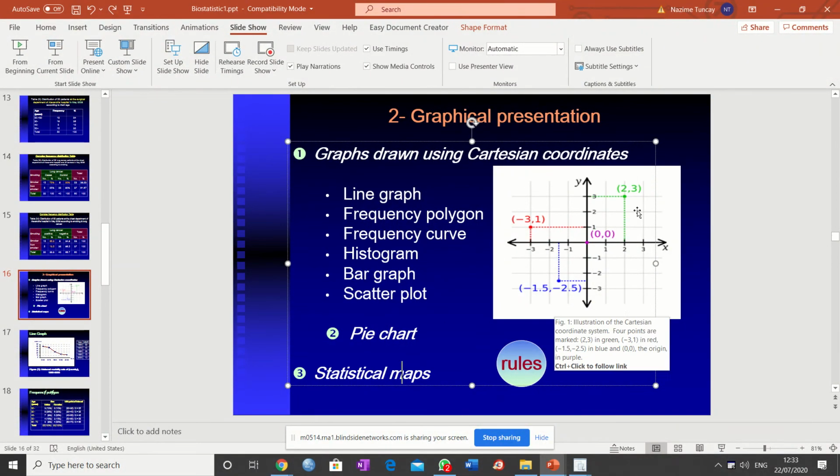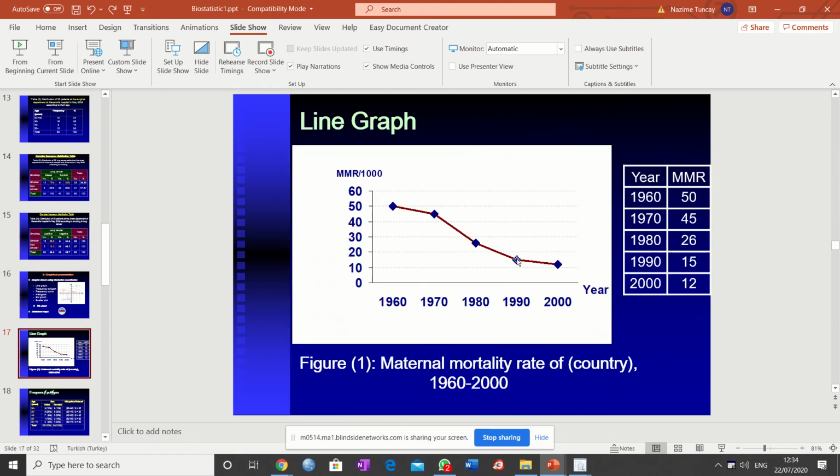This is a simple graph. We may have line graphs. This is called a line graph. We use line graphs to show distribution over time.